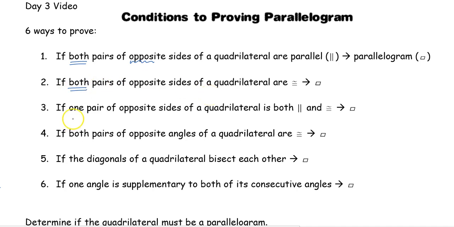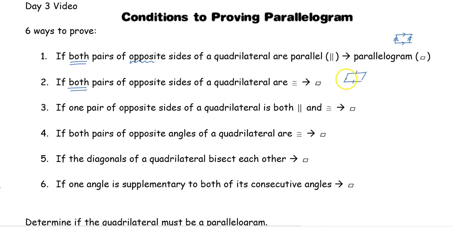Now when we get into condition number 3, this time we only need one of them, but they have to be parallel and congruent. So the difference is, in our first example, we have both pairs being parallel, so top, bottom, left, right. And the second one, we need them to be congruent.